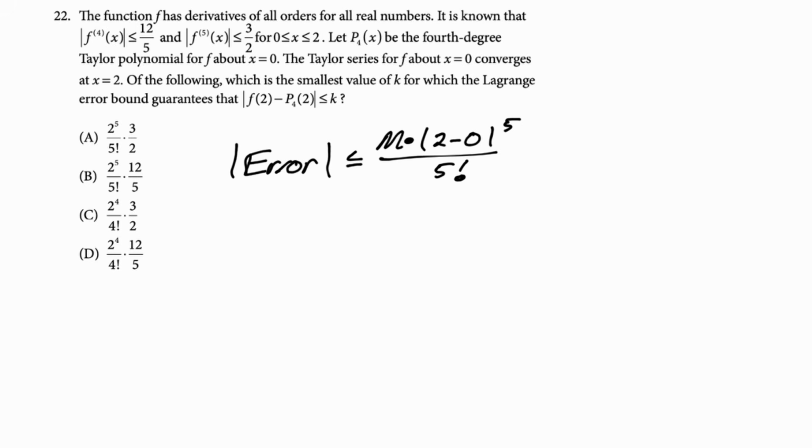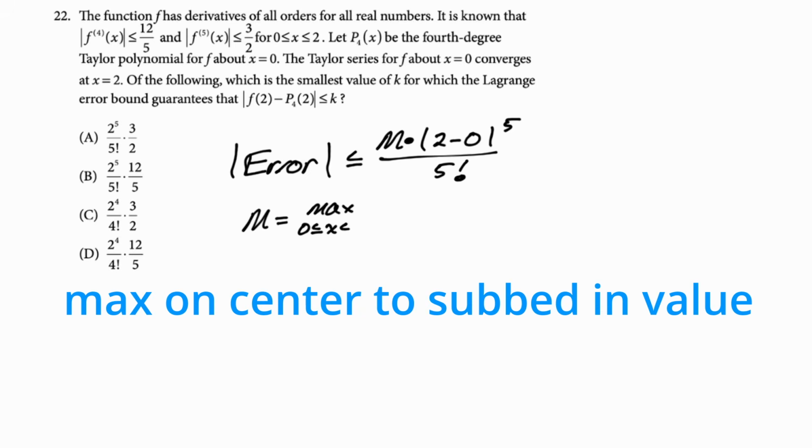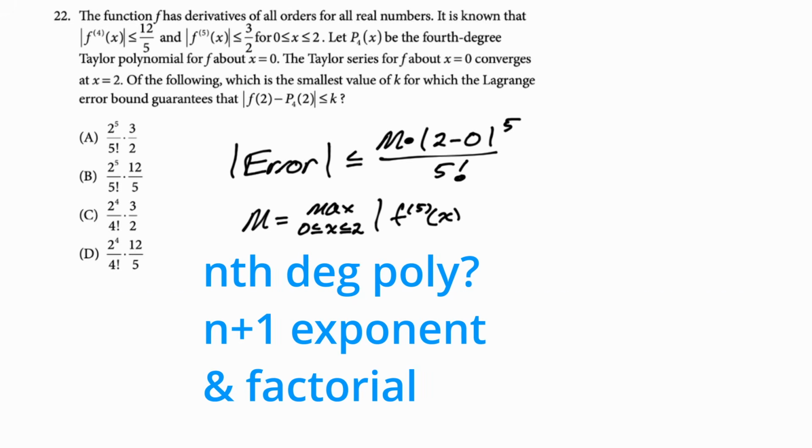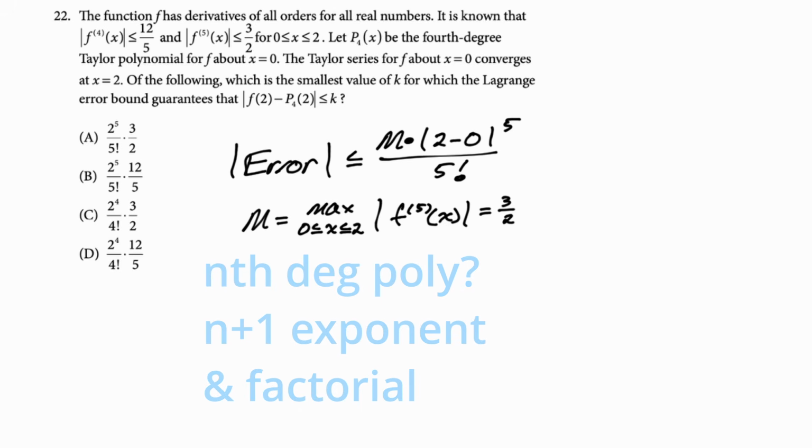So we have this. Now we have to figure out what M is, right? M is going to be the maximum on the interval from 0 to 2, which is the center to where you're plugging in, of the absolute value of the n plus first derivative, or in this case, the fifth derivative. Basically, in your error, if you have 5 factorial, this will be the fifth derivative. If you have 12 factorial, it'll be the 12th derivative.